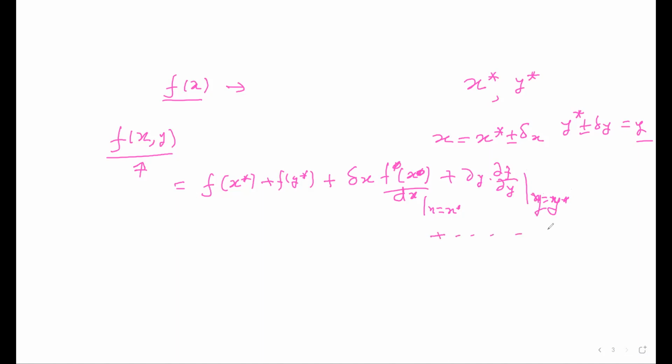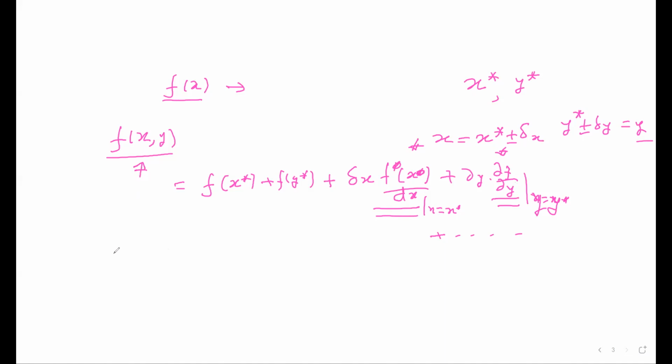Now the question comes: whenever we are setting up our maximization or minimization problem, these derivatives should be equal to 0. Yes, sir. Actually, those derivatives in multidimensional cases are written in this way.